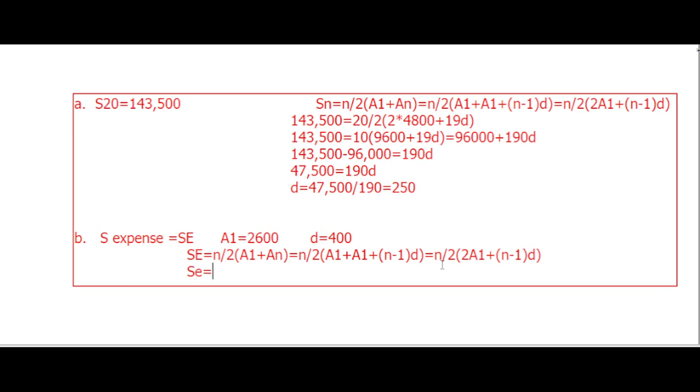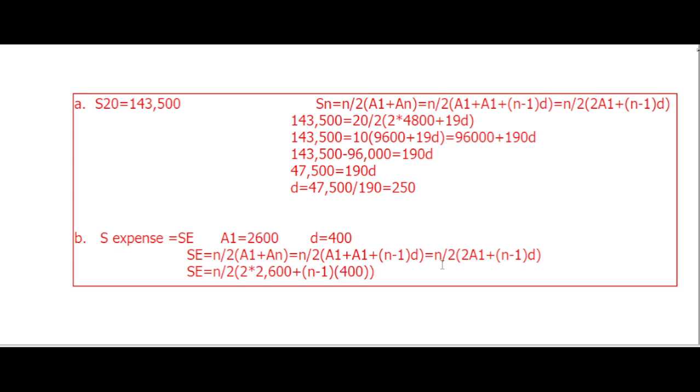SE is equal to, we don't know n so we put it as it is, n over 2 times (2 times 2,600 plus (n minus 1) times d). We have given d as 400, so we use 400.